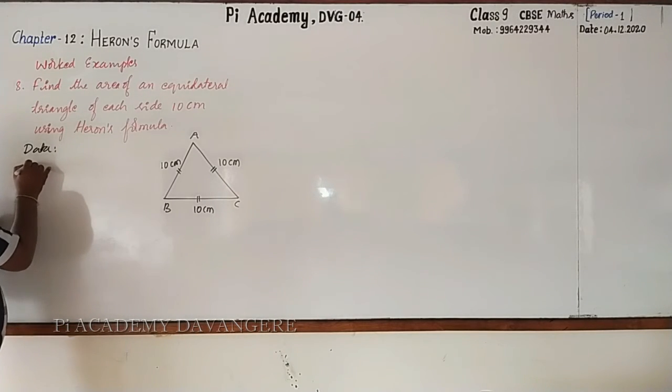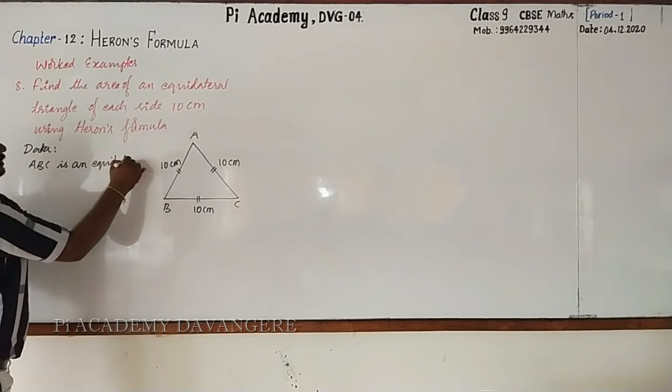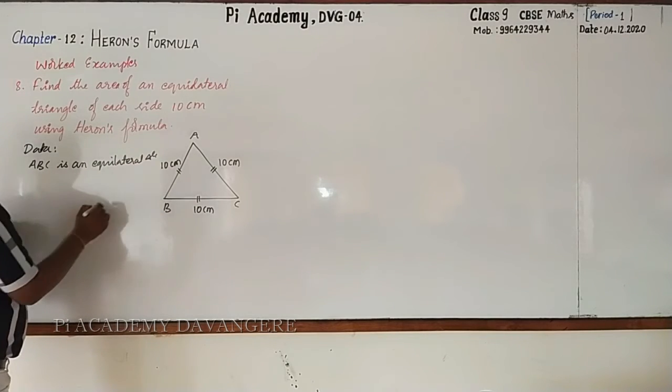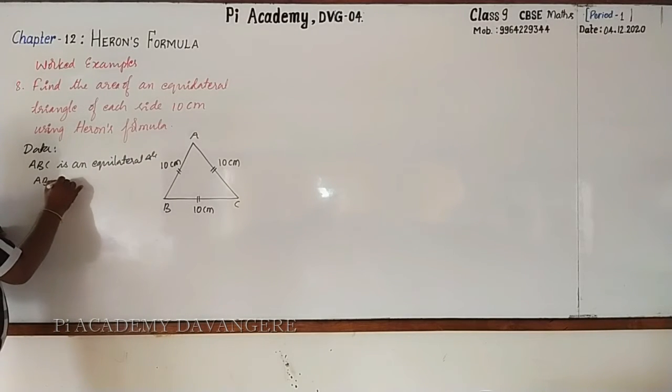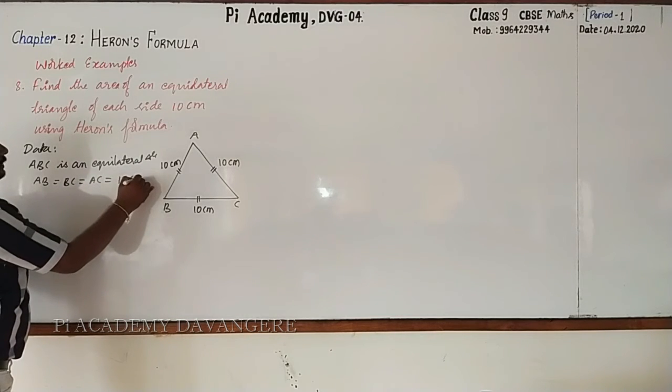Here, ABC is an equilateral triangle. Then AB equal to BC equal to AC equal to 10 centimeter.